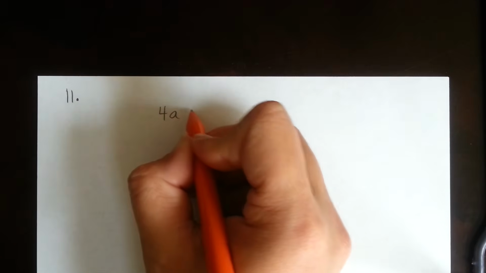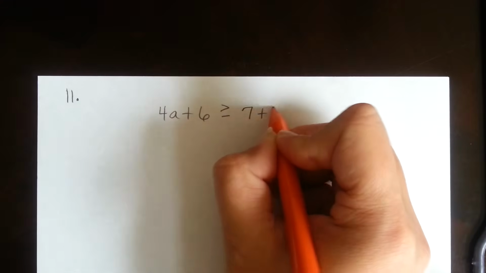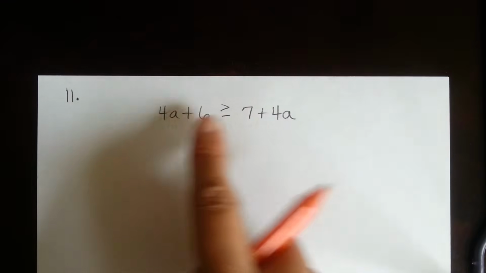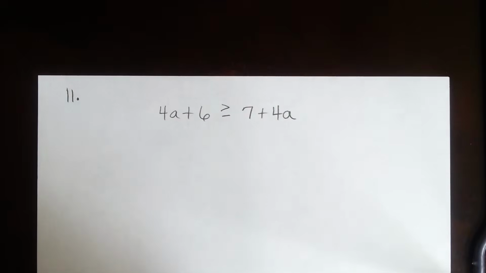And last but not least, problem number 11. Problem 11, we have 4a plus 6 greater than or equal to 7 plus 4a. We have no parentheses, no like terms. We do have variables on both sides, so we're going to add the opposite of one of them to both of them.